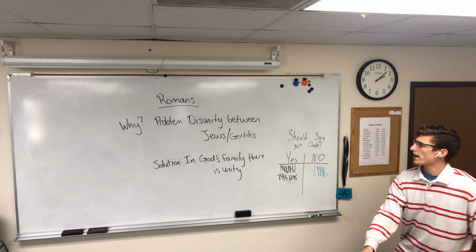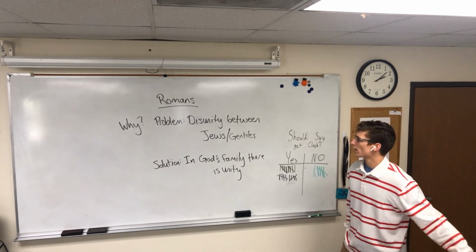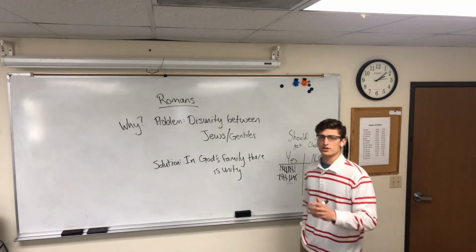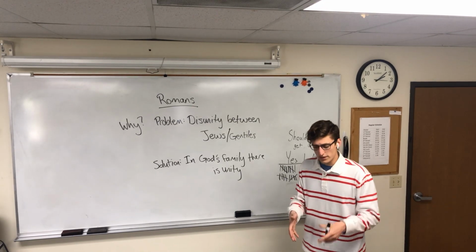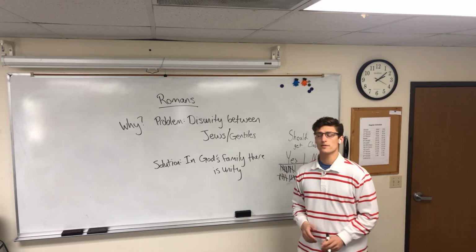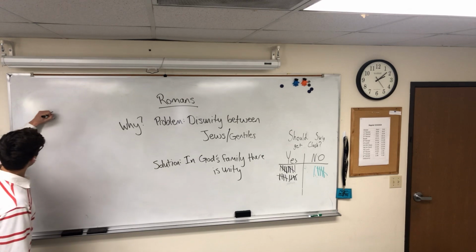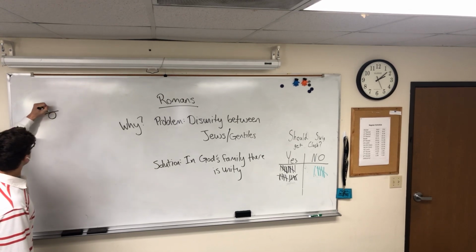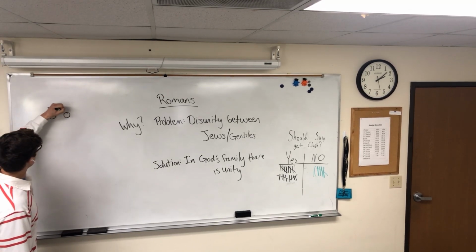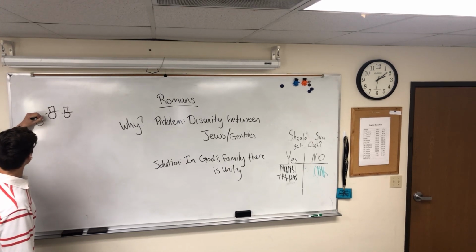Let's do a little background on the problem here, specific to the Roman Church. In the Roman Church, it started out primarily a church of Jews. Okay, Jews who accepted the gospel, and so there would be mostly Jews. And we'll put these little hats on them to show that they're Jewish in the Roman Church here.